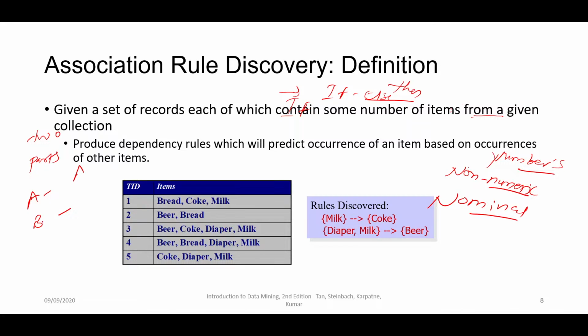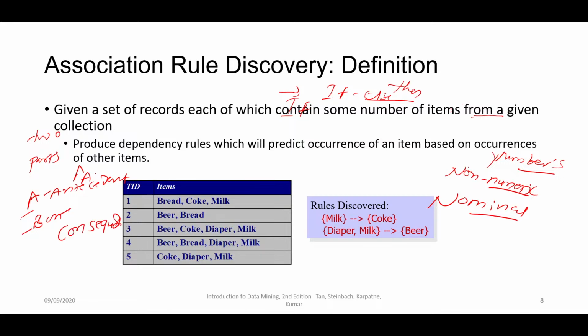The first part is A, the second is B. The first part is the antecedent, and the second one is the consequent.